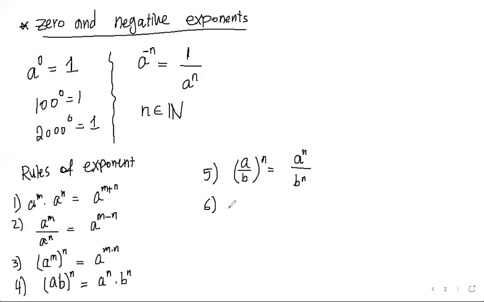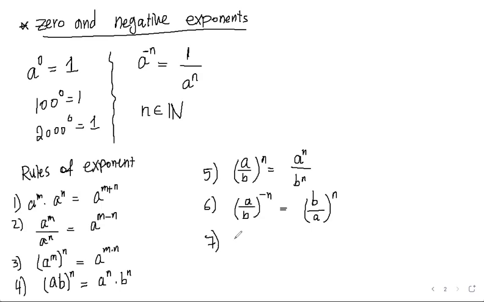Number 6, I said a over b, all of these raised to the power minus n. I flip inside, a over b, I mean b over a. Sorry. So this is equal to b over a to the power n.